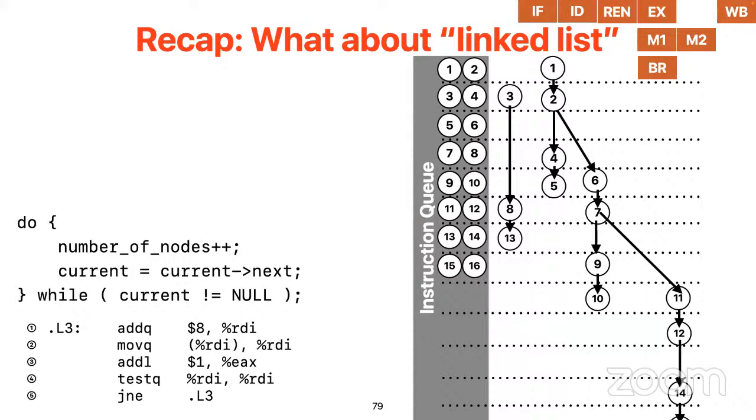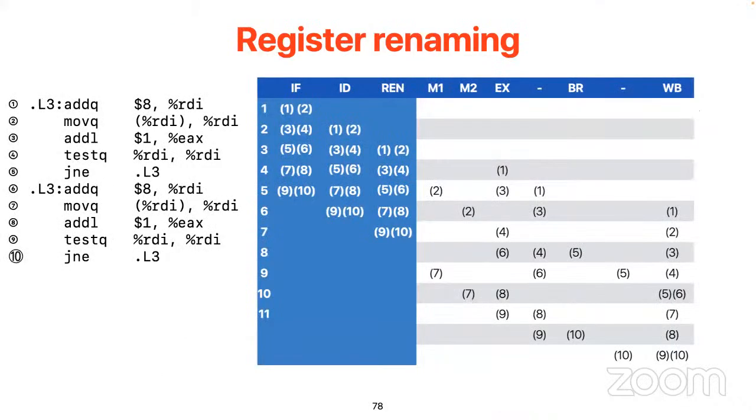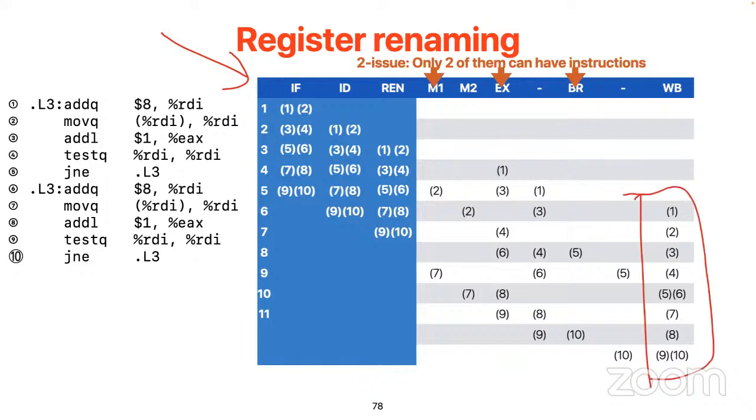Another question we have is, how about linked list? This is the code that I have for linked list, and if I use the same analysis methodology that I introduced today, you'll figure out that for the linked list, the CPI is actually pretty bad.